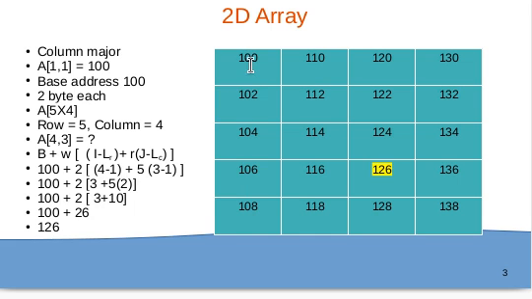As we can see, if we calculate the address of this manually in this way, then we get address 126 here. So this is our final address of A43 when the array is stored in column major order.